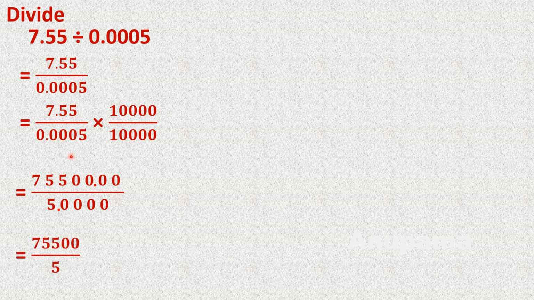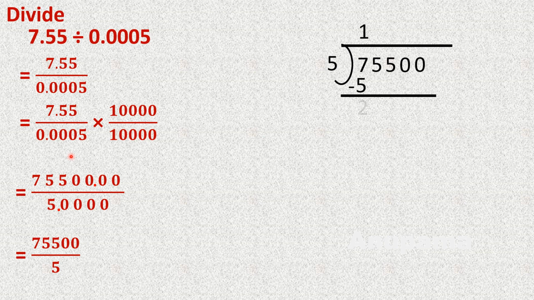75,500 by 5. Let us divide 75500 by 5. So how will we divide? 5 ones are 5, minus it is 2. We will write down 5. 5 5s are 25. We will do subtraction. It is 0 and we will write down 5. 5 ones are 5.